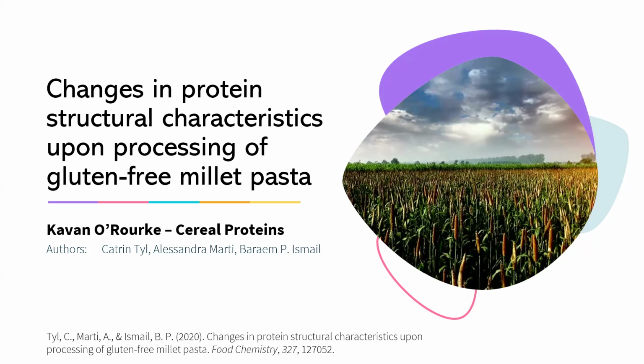I don't know how to interpret it because I feel like they didn't really mention if it was a successful pasta, because they were more caring about the protein structure and learning more about the actual proteins of the millet. I think not as much. Okay. Yeah, they didn't mention much about that.